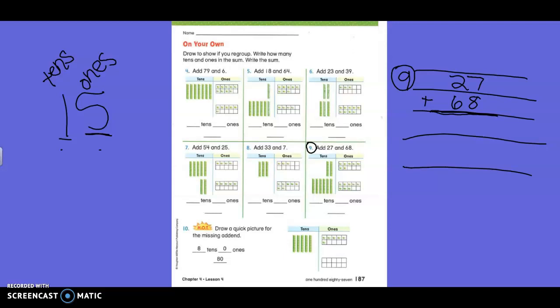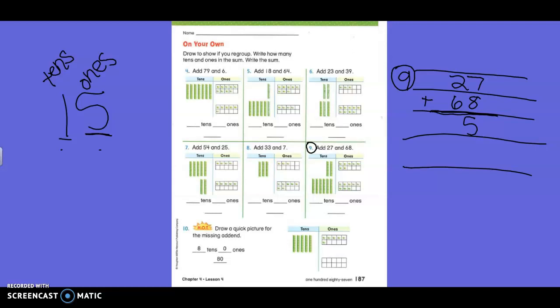Matthias? It has to go on the 1s side, which is where? Right below the 8. You're going to write the 5 for 15 right below the 8.